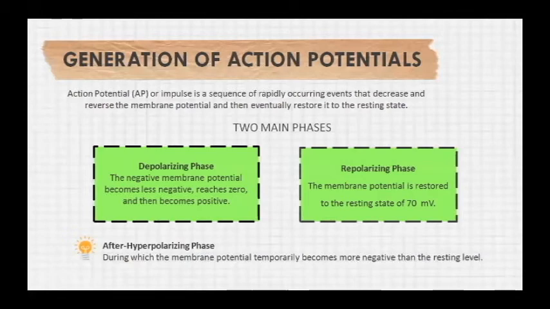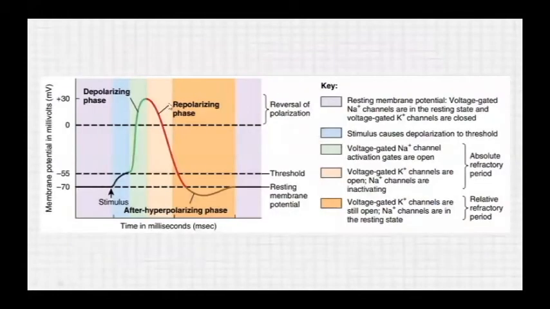In this photo, you could see that the purple one is the resting membrane potential. The blue one is where the stimulus has been encountered. In the green one, the voltage-gated sodium ion channels are open.